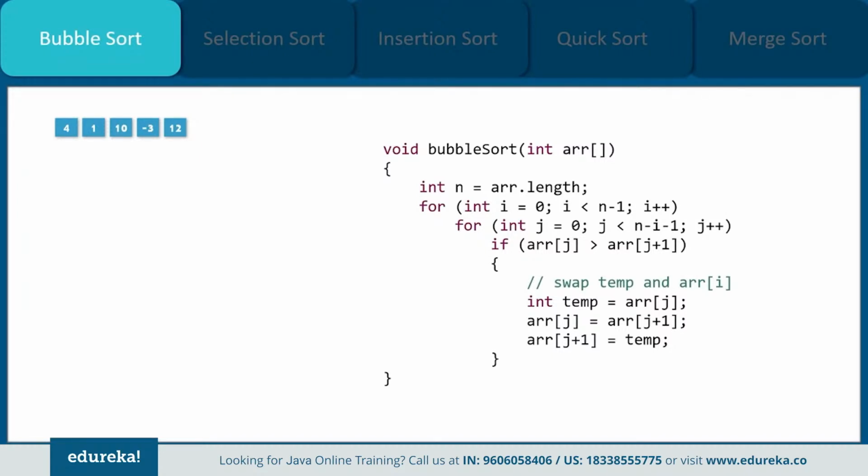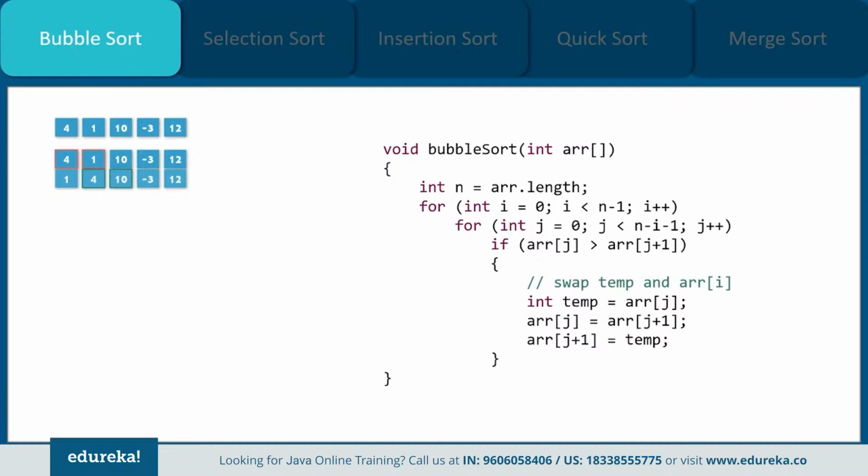So what will bubble sort do? In bubble sort, we start one of the iterations, consider the ith iteration. We start from the 0th index and compare index 0 with index 0 plus 1. That's 4 and 1 that we compare here. We find that 4 is greater than 1, so we swap the elements.